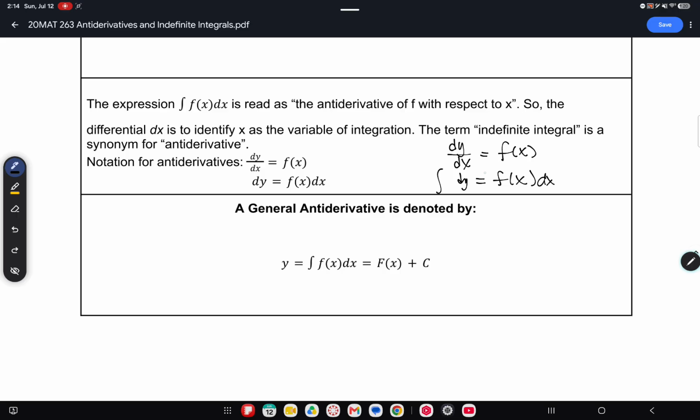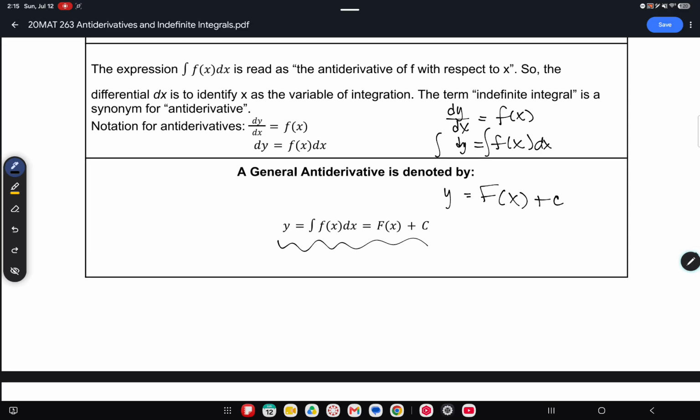Then I can do the integral of both sides. The integral of dy is just going to be y, and the integral of f of x dx is going to be whatever the antiderivative is, and then plus c, which is all right here.